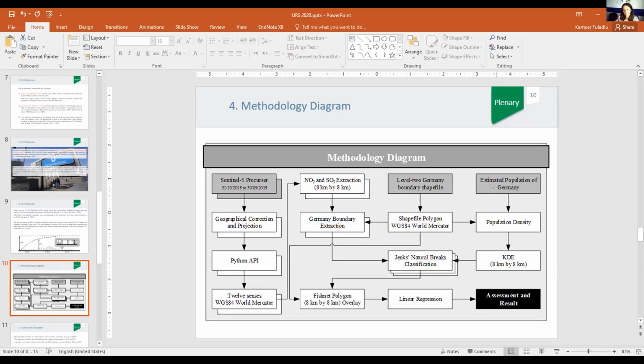We have the estimated population of Germany for 2019, so our study runs from the end of October to the end of September 2019. We use kernel density estimation, Jenks natural break classification, and a fishnet polygon, and then we get the result.